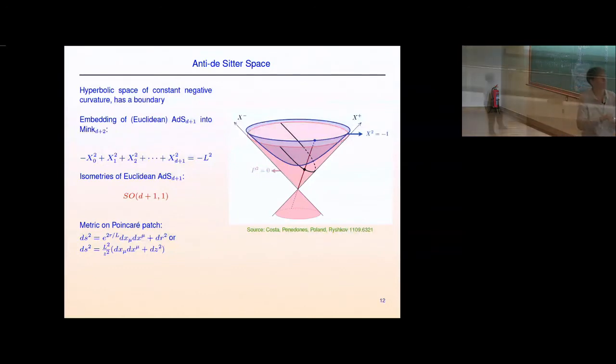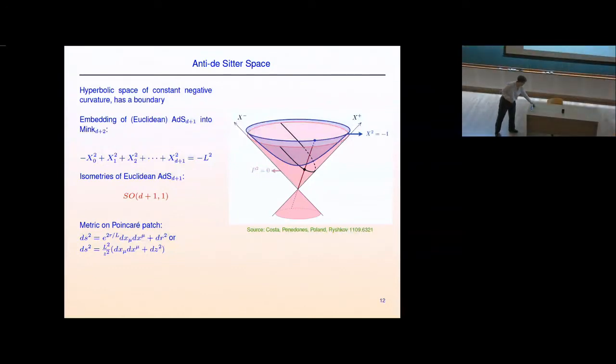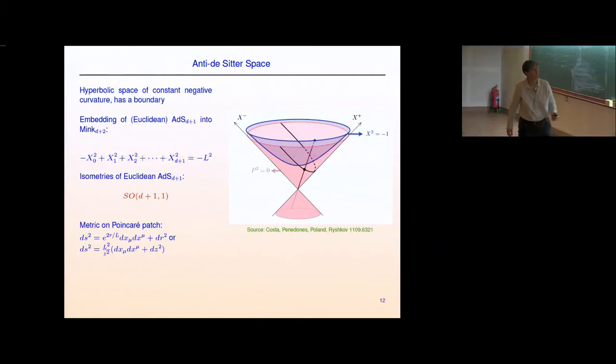If you did this in Lorentzian signature, it would be SO(D, 2). And as I said, on the so-called Poincare patch, which is a local coordinate system which covers half of the space, you can write the metric as follows. Here this Z is defined in terms of, I think, e to the minus R over L, and then you get a coordinate system which looks like this.